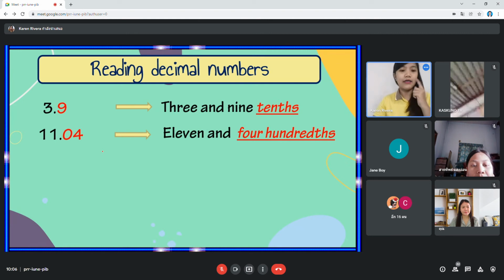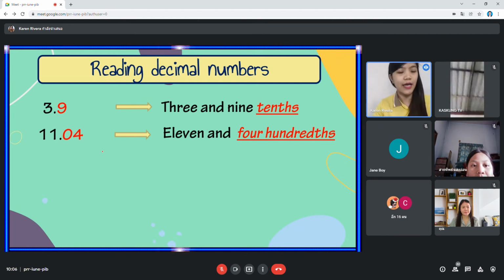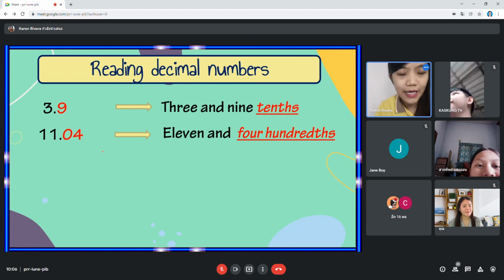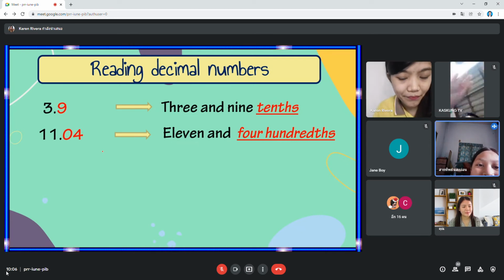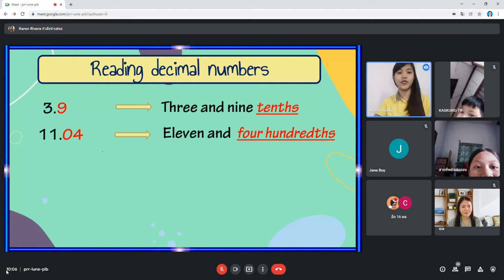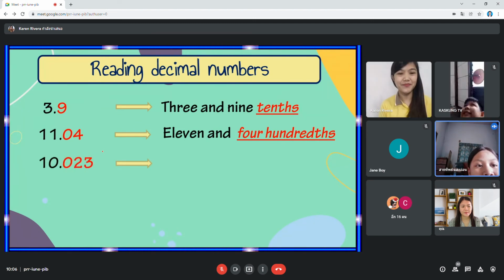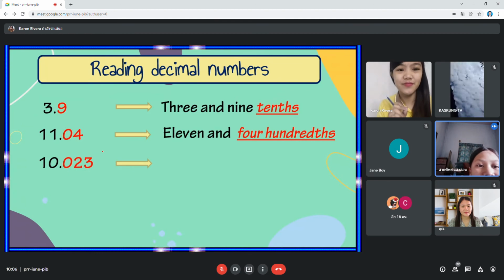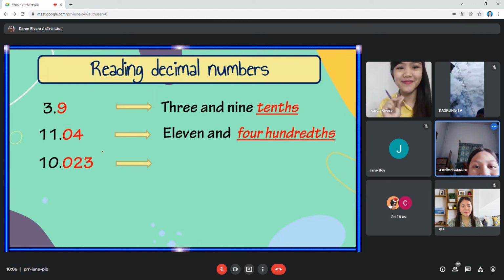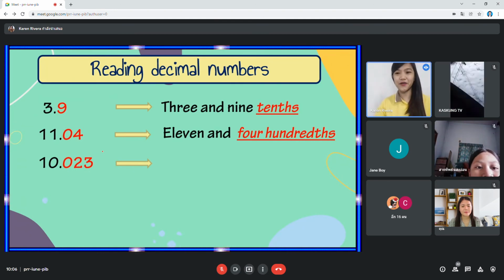Next, this girl. Can you read it? Go. 10 and 23 thousandths. Okay, let's see if you are correct.